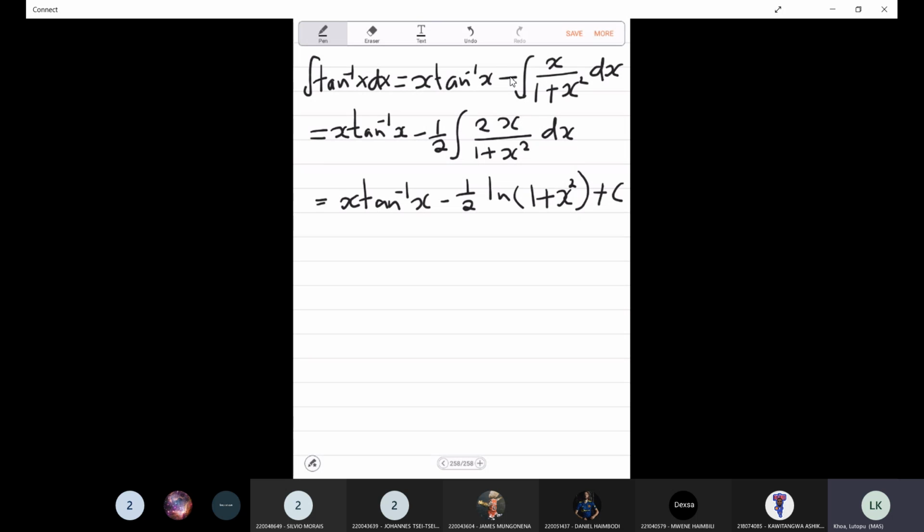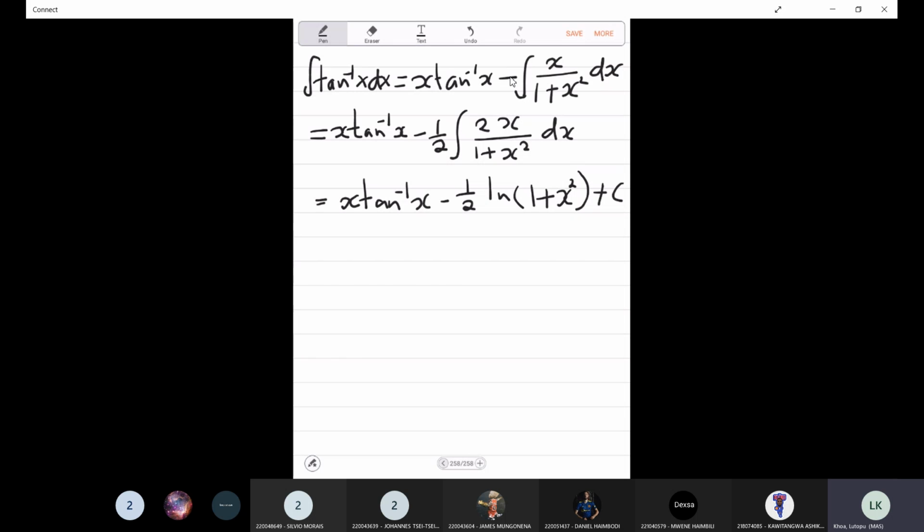Now I want to show you a shorter method, shorter-ish, I guess, of integration by parts, which comes in handy when you want to integrate functions that involve you using integration by parts several times.